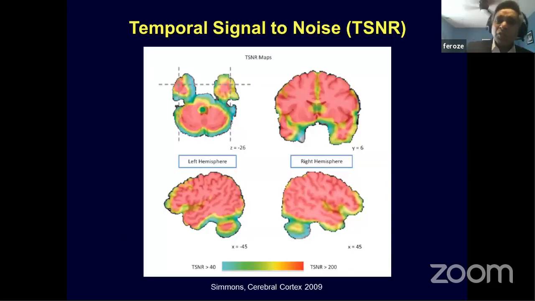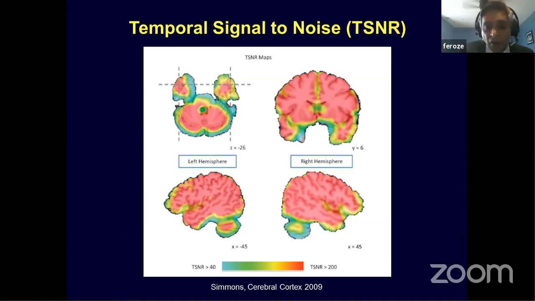Here is one issue with the hardware. What you see here are the different views of the brain, and what we call the TSNR. Most of you are familiar with regular SNR. Here is the temporal SNR. So collecting signal over a period of time, you are able to get the temporal SNR, right?